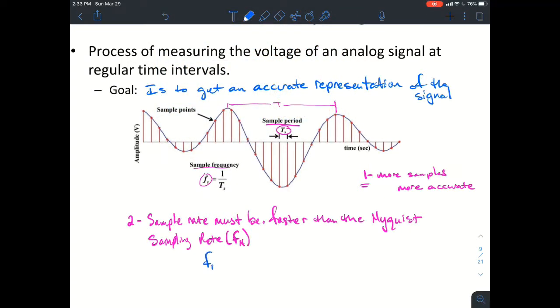F sub N is equal to 2 times F sub max, and F max here is the maximum frequency in our analog signal.